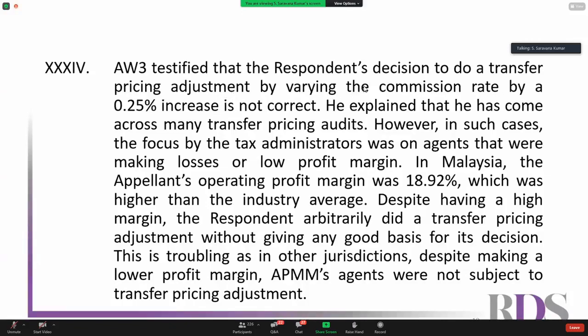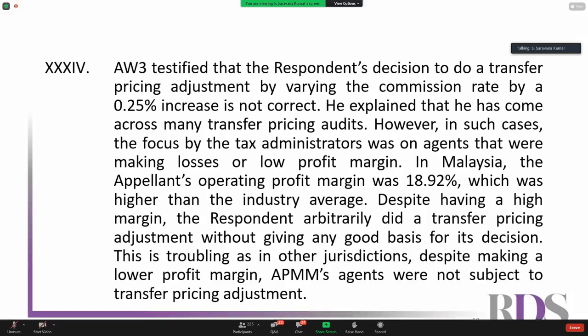He explained that he has come across many transfer pricing audits in his lifetime. However, in such cases, the tax administrators were never difficult on agents, and these were all companies that were making no profit or low profit. In Malaysia, the Malaysian entity was making a margin of 18.92%, which was higher than the market industry average.